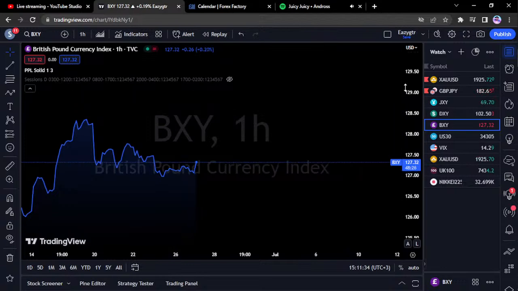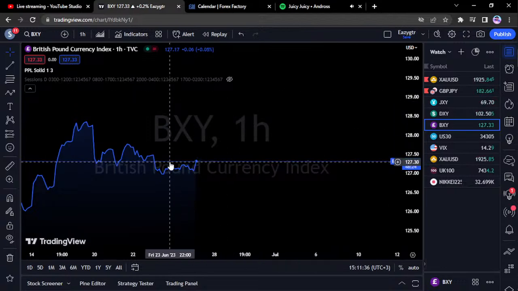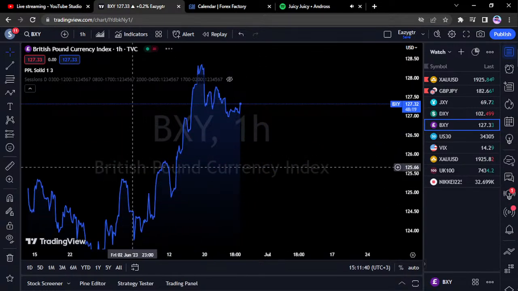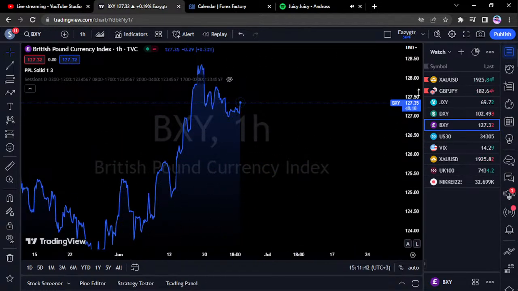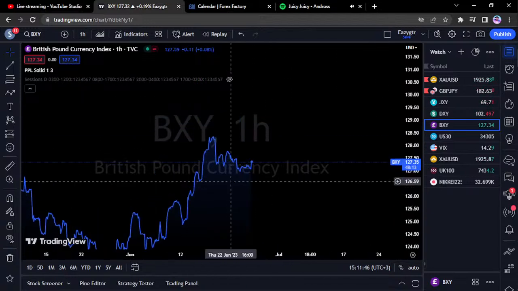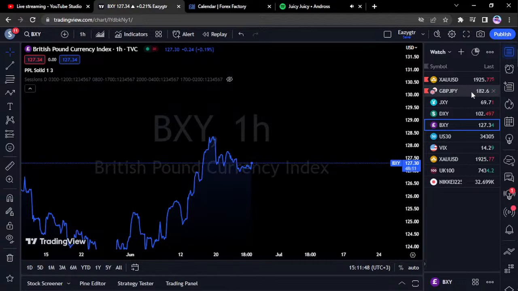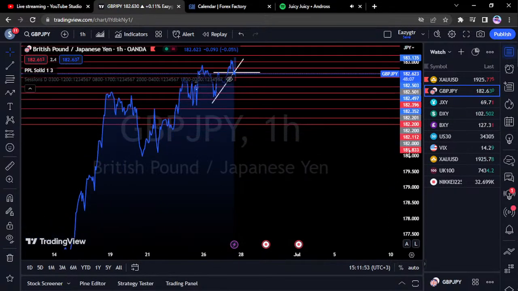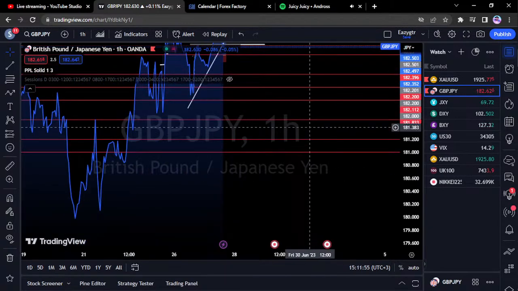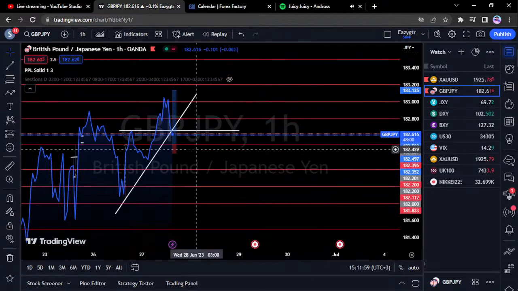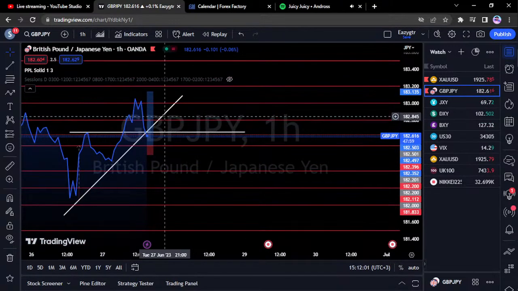This is the British pound currency index. As you can see, the strength of the British pound index has been bullish. Therefore, when you're looking at GJ, you should only look for buy setups until we get changes in the market environment.